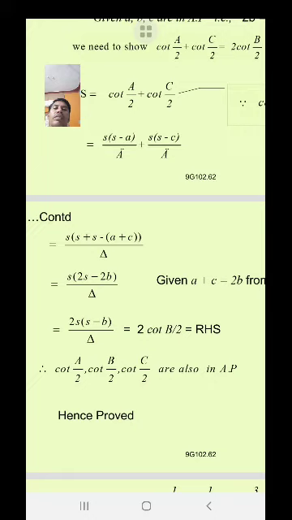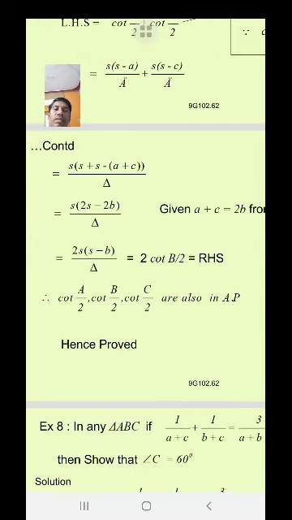Remaining is s minus a plus s minus c. Again taking minus common from the two terms, minus of a plus c is there. So s plus s is 2s, and a plus c equals 2b according to the condition.